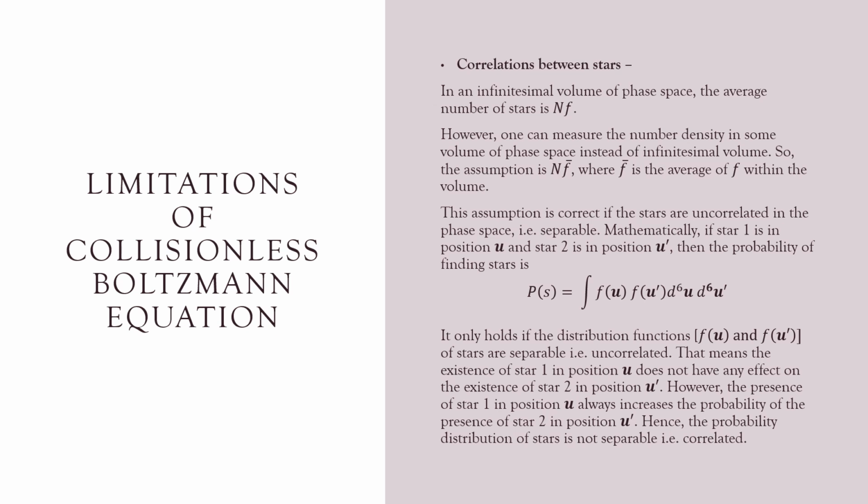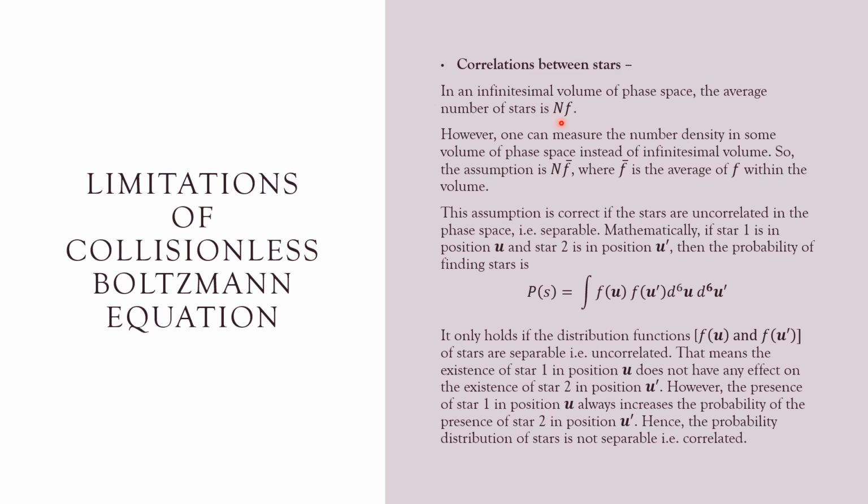Let's now talk about another crucial limitation of the collisionless Boltzmann equation, the presence of correlations between stars within a system. In the collisionless Boltzmann equation, we often make an assumption about the average number of stars within an infinitesimal volume of phase space denoted as NF.